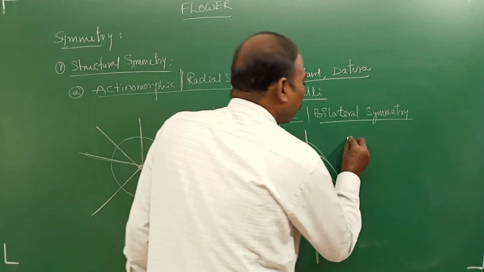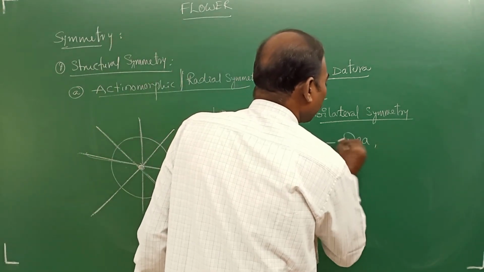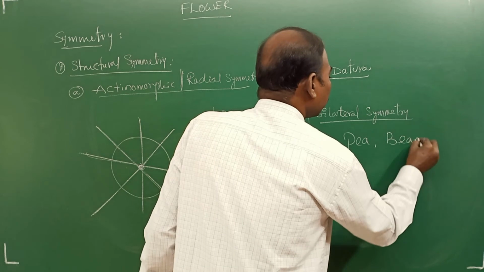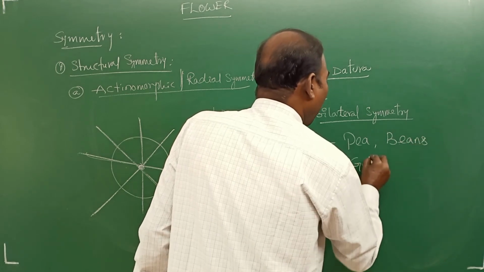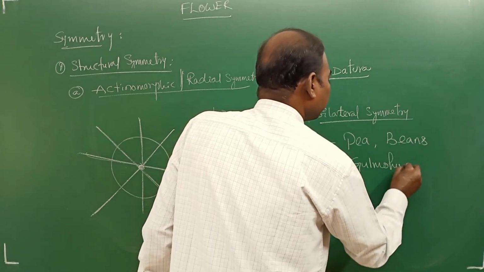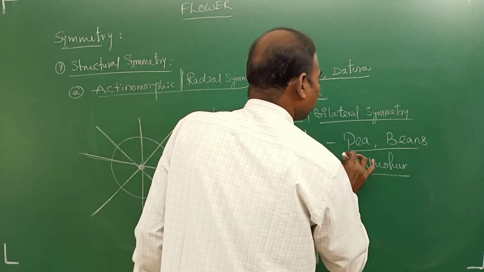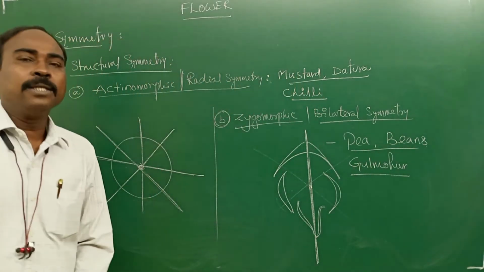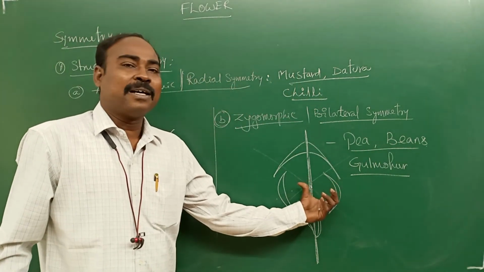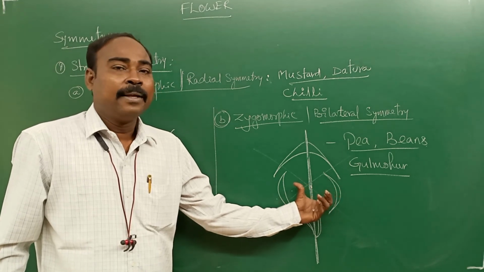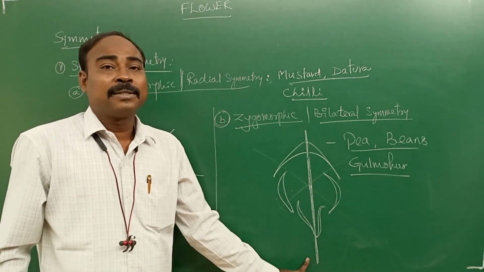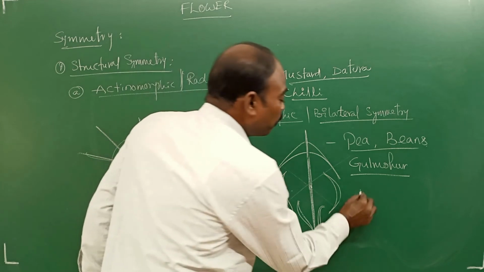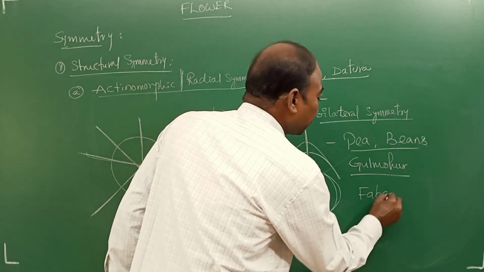Examples: peas, beans, gulmohar. Pea, beans, gulmohar are the examples given in NCERT. These flowers generally belong to the Fabaceae family.